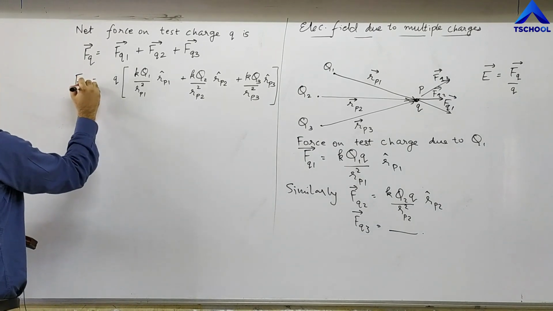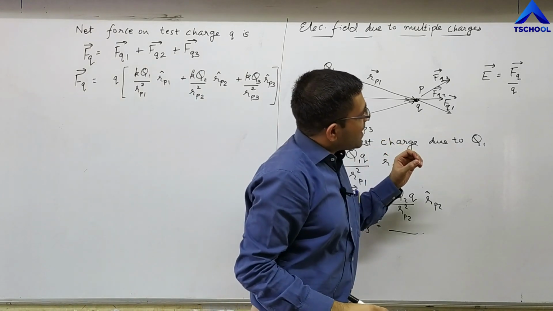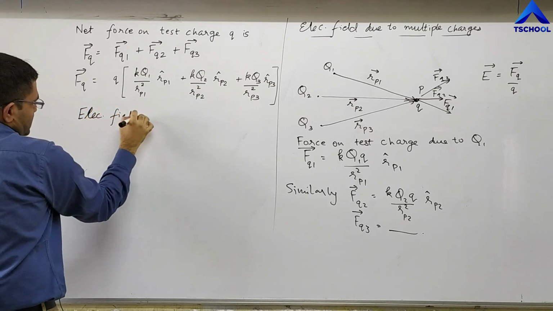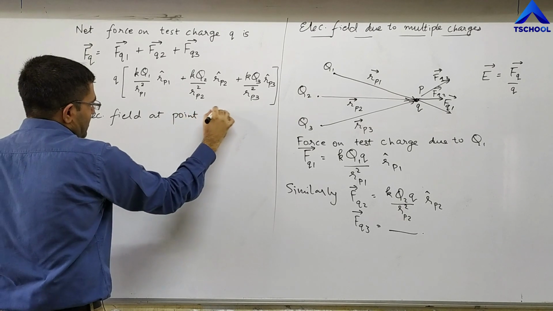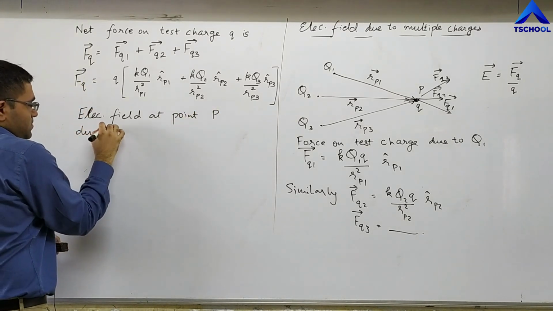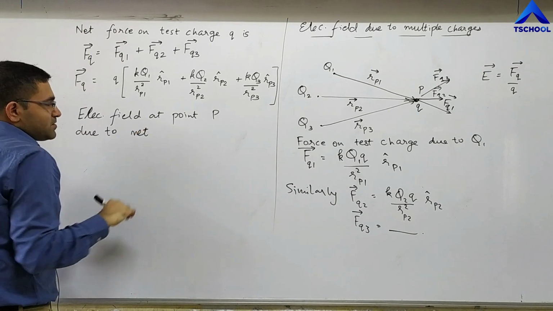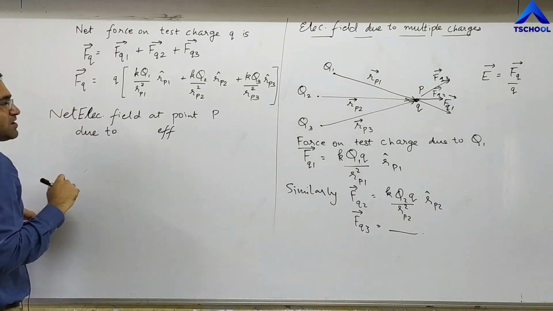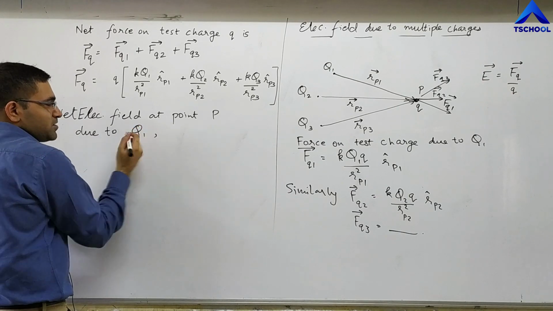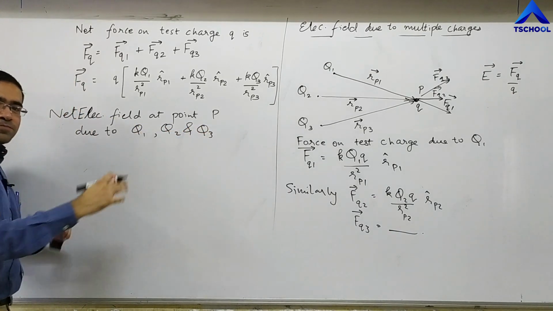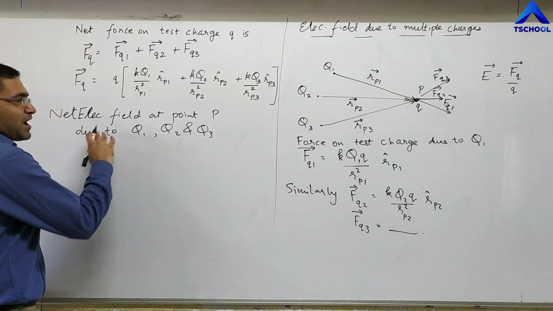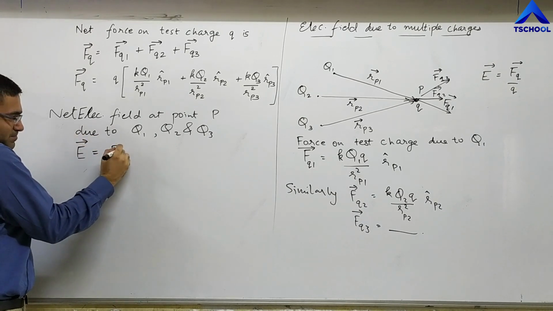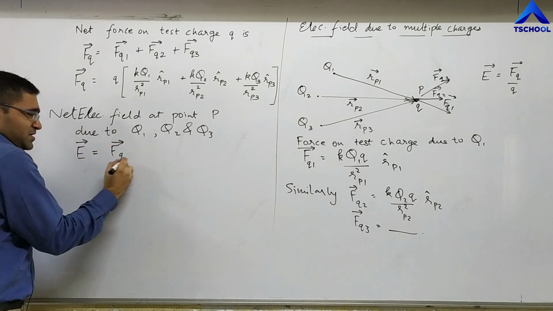Now, as you would have noticed already, if we want to find the electric field at point P due to the net effect, so the net electric field at the point P due to Q1, Q2 and Q3 all together, E vector is again going to be FQ vector divided by q.